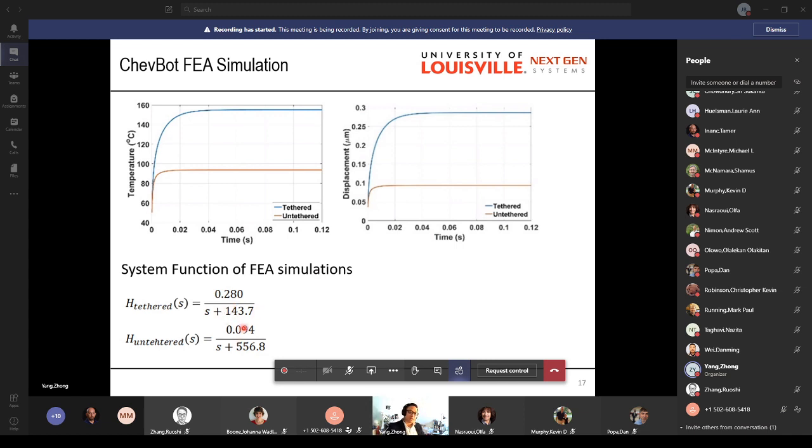But this can give us the most important idea, which is the time constant of those actuators. That can let us know how this actuator performs.